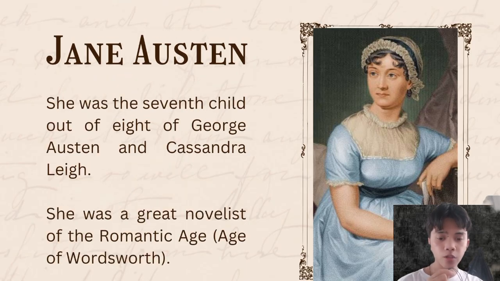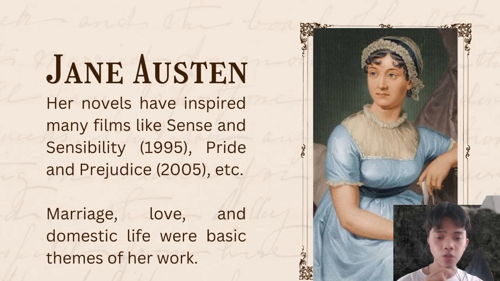She was the seventh child out of eight of George Austen and Cassandra Leigh. She was a great novelist of the romantic age of Wordsworth, and her novels have inspired many films like Sense and Sensibility in 1995, Pride and Prejudice in 2005, and many more.